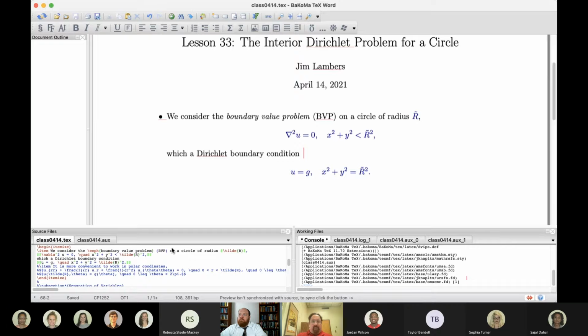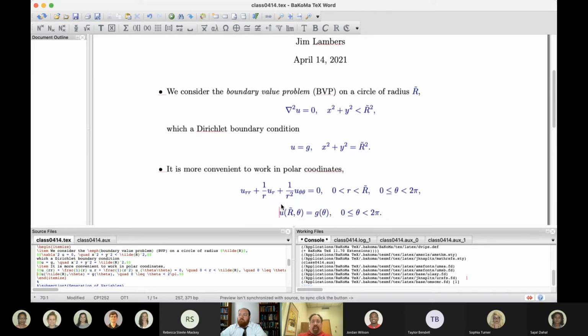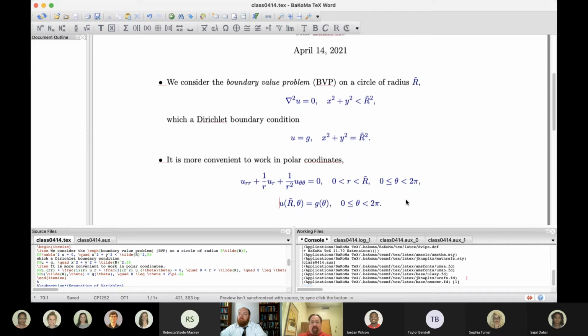Now, because we're working with a circle, it makes sense to use polar coordinates. That's why I went to the trouble last time of rewriting the Laplacian in polar coordinates. So this is the PDE that we'll be solving expressed in those coordinates. Our polar coordinate variables are r and theta, working on this domain. With regard to the polar variables, it's a rectangular problem in that coordinate system.